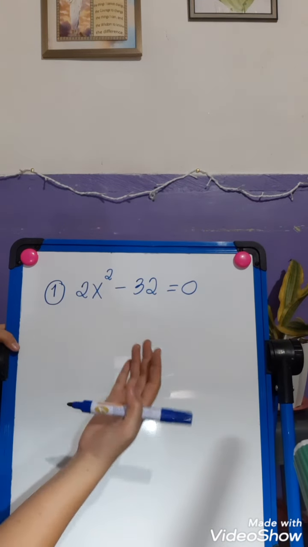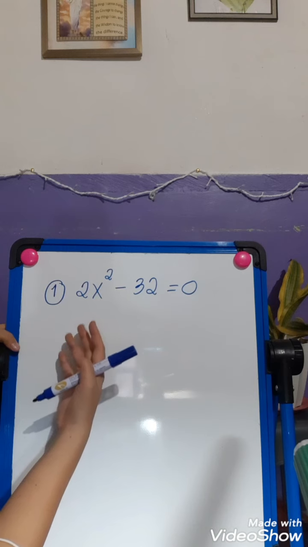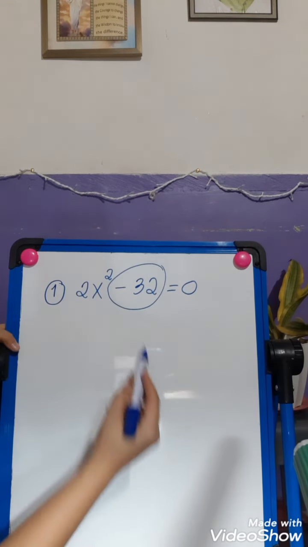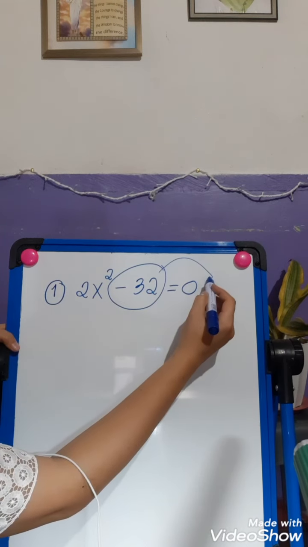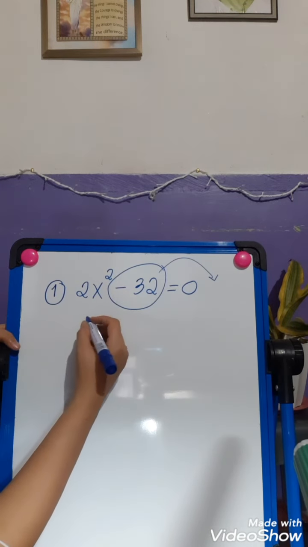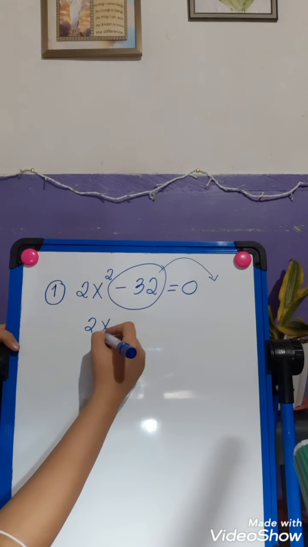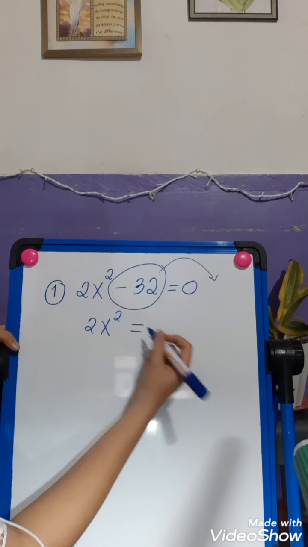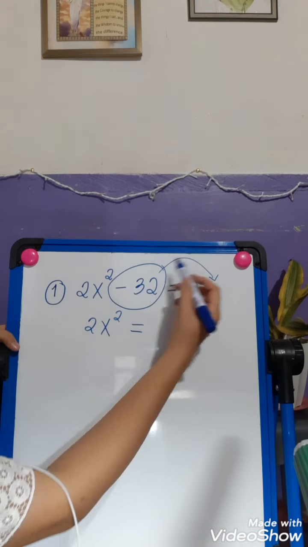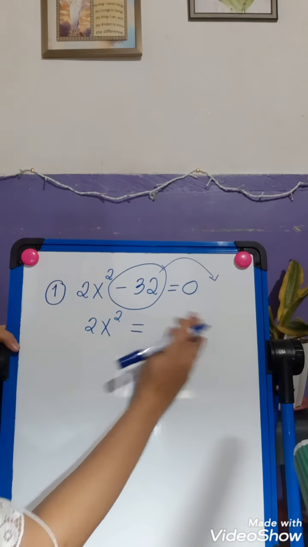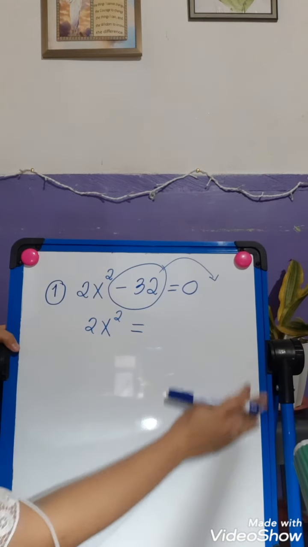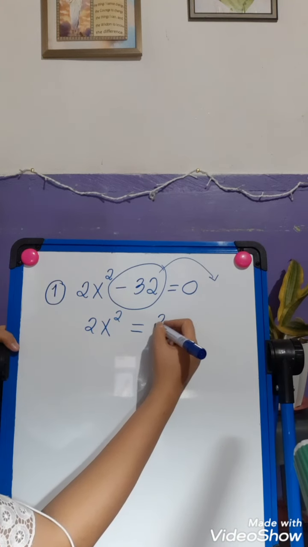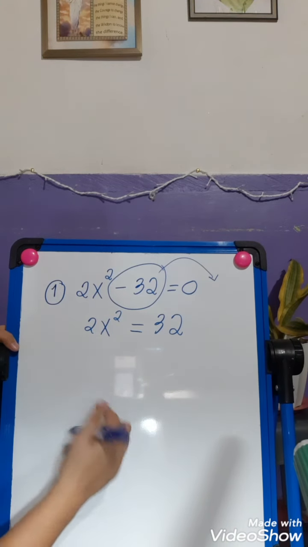Okay. So based sa previous discussion ani nga topic, kani nga number atong ipatabok sa tulay. So we have 2x squared, draw the tulay, and then negative 32 ang iyang inverse sign, mahimo siya positive 32.